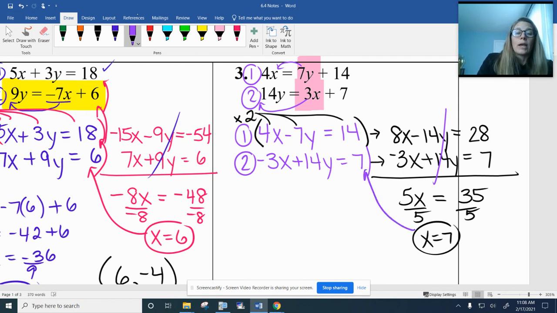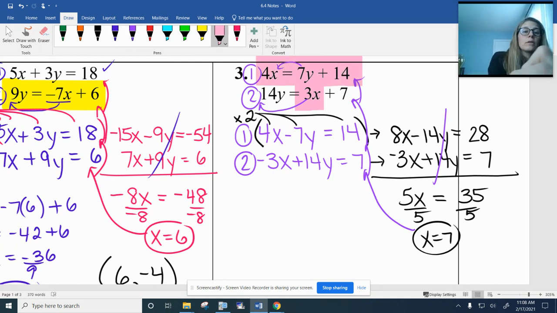Plugging that into any one of those original equations, whatever one seems better to you, right? Since I'm going to solve for my y, I'm going to use this first equation here. So 4x equals 7y plus 14.